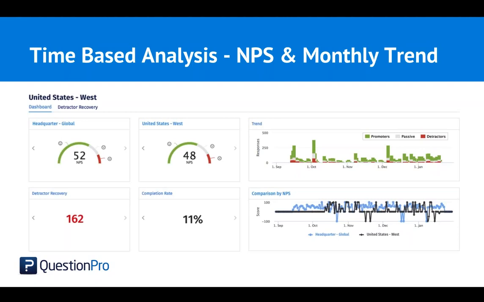You can take different divisions and put them side by side and see how they're doing. It gives you a really good visualization where you can immediately make some changes so you can directly impact the business decisions that have to come from this kind of information.